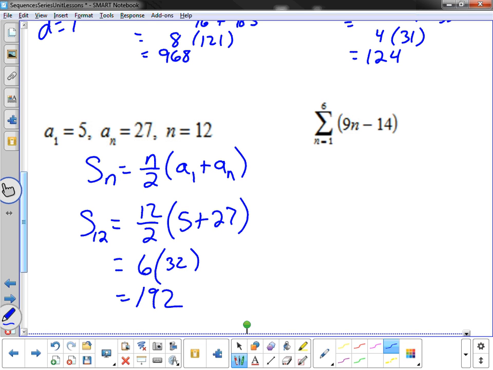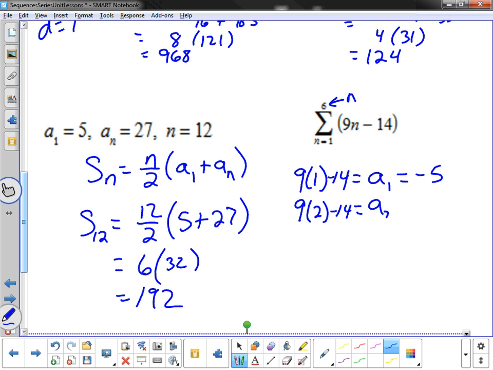All right, so this sigma notation problem. What might help us is to figure out at least what a couple terms are, because we know n is going to equal 6 at the end. So what I would do is take 9 times 1 minus 14. That's going to give me my first term, which is negative 5. I could put in a 2. 9 times 2 minus 14 would give me 18 minus 14.